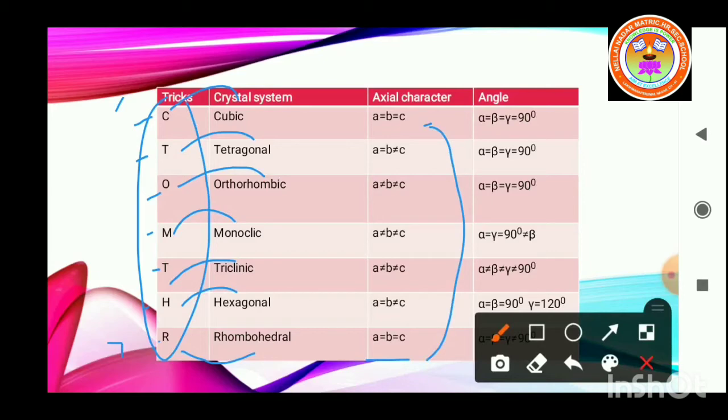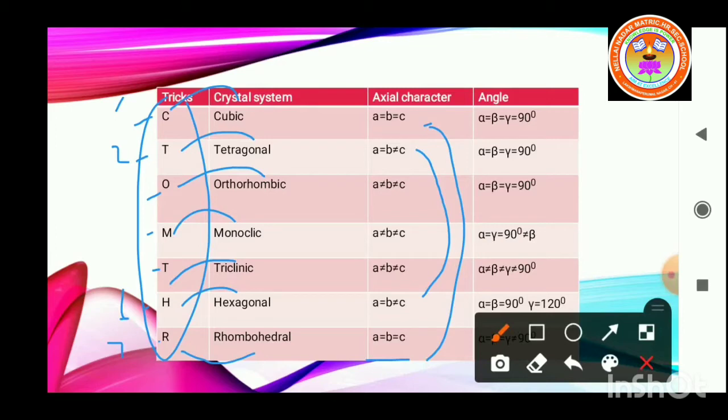And see the second and sixth one. What is the axial character in the second one, that is tetragonal? a equal to b but not equal to c. Like that, in the case of the sixth one also, a equal to b but not equal to c.